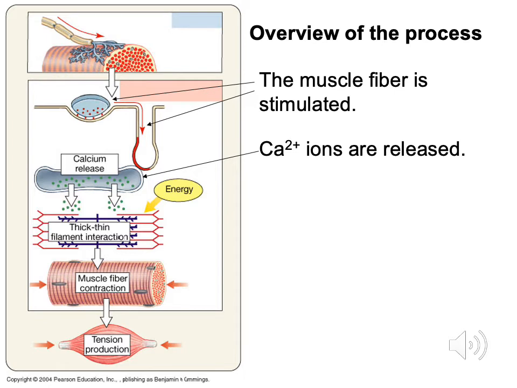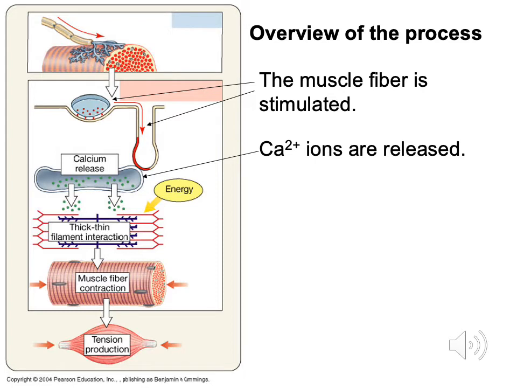The action potential is carried across that synapse via the release of neurotransmitter. This causes depolarization of the muscle fiber itself. If you remember, depolarization is a change in local charge from approximately minus 70 millivolts to become more positive.